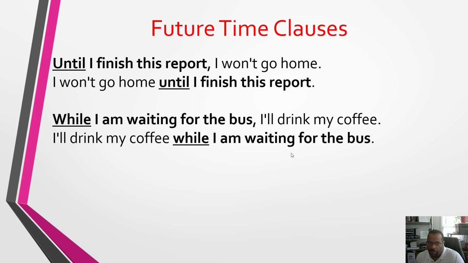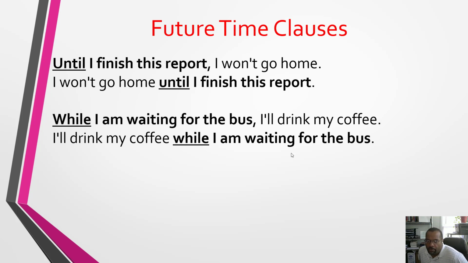And then the last one, we're going to use the word while. While I am waiting for the bus, comma, I'll drink my coffee, or I will drink my coffee. Let's reverse it without the comma: I'll drink my coffee while I'm waiting for the bus.